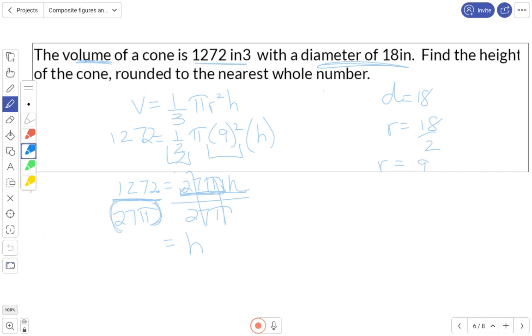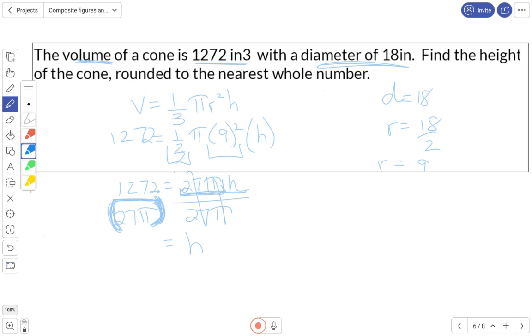You have to put it in parentheses because sometimes your calculator gets kind of confused with order of operations. What this is saying is that you're taking the 1,272 and dividing it by this whole number versus just dividing it by 27. So make sure that you put that whole entire thing in the calculator, putting the divided by 27 pi in parentheses.